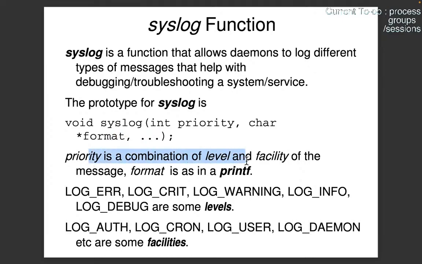Priority is a combination of level and facility. The message format is as in printf. Levels include log_crit, log_warning, log_info, log_debug. Facilities include log_auth, log_cron, log_user, log_daemon.